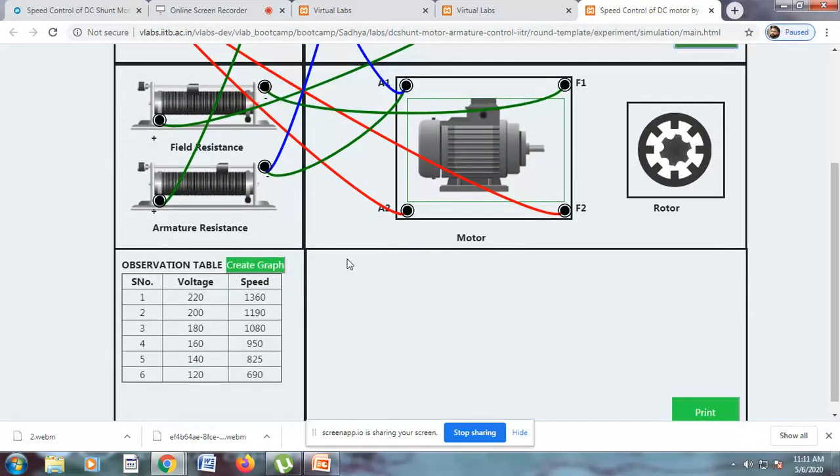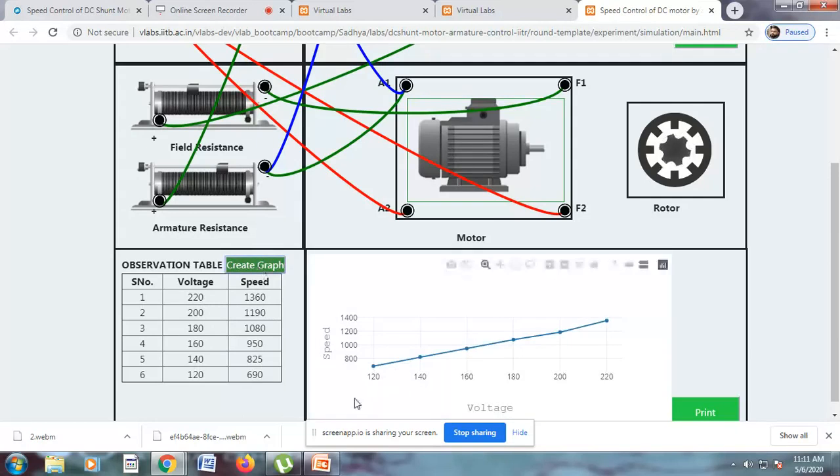Now this is the observation table, and the armature voltage is decreasing and speed also decreasing. Now we create a graph here and this is speed y-axis and x-axis is voltage.